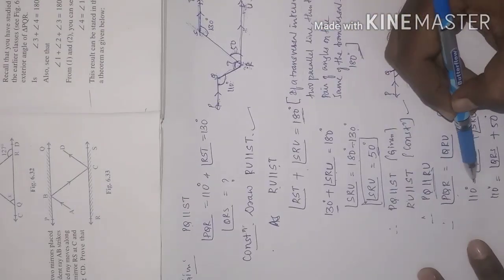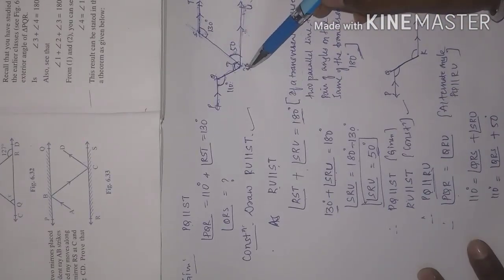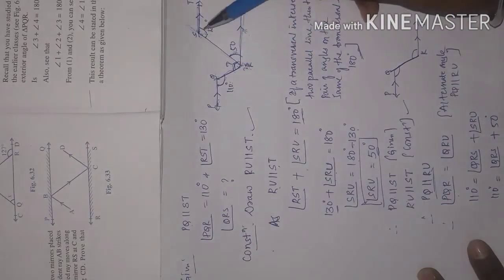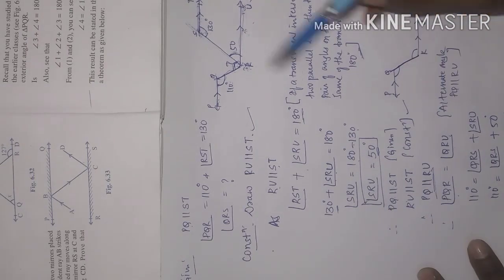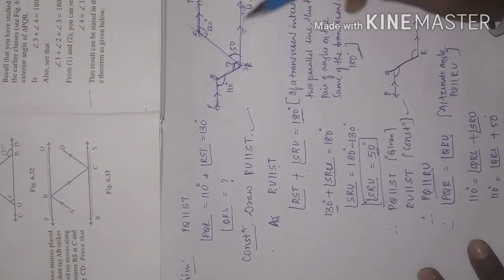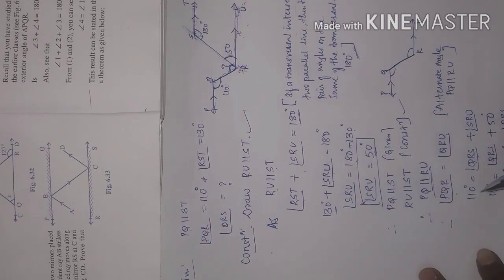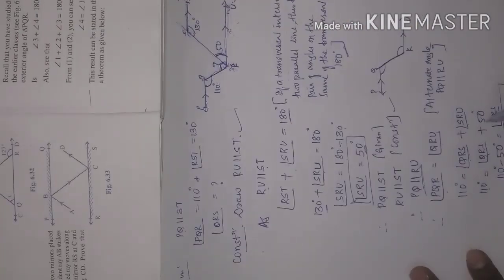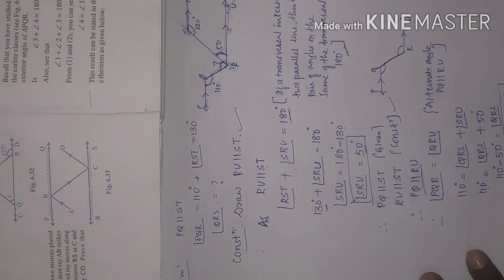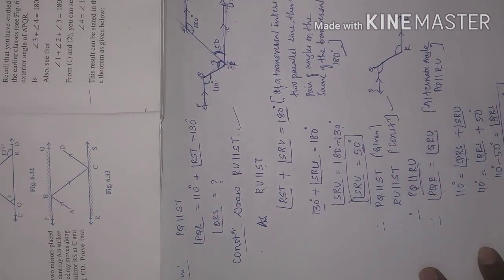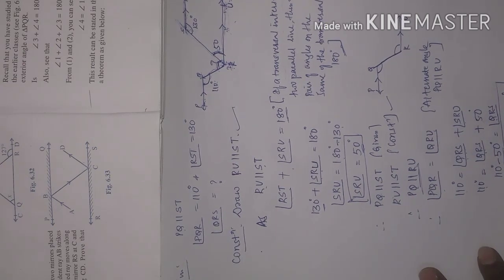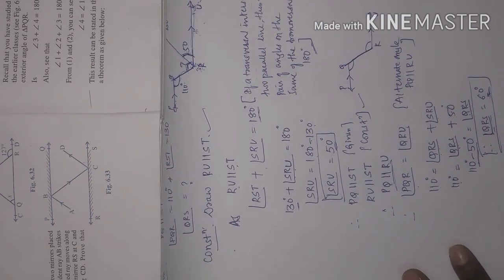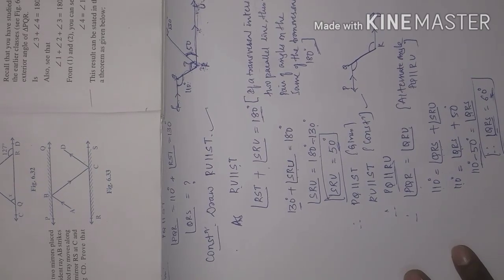PQR is equal to 110 degrees, and QRU consists of QRS and SRU. So 110 is equal to angle QRS plus SRU, and SRU is 50 degrees. Shifting 50 degrees to the other side, 110 minus 50 degrees is equal to QRS, which is 60 degrees. Therefore angle QRS is equal to 60 degrees. So this is about the fourth question of the exercise.